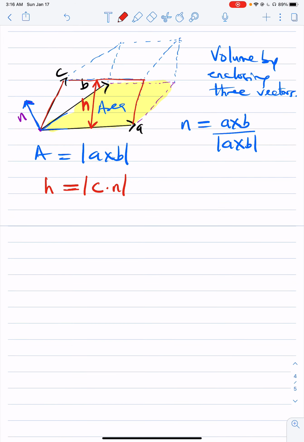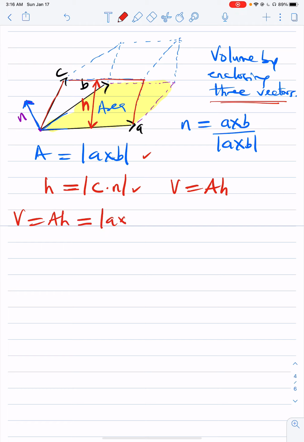The volume enclosed by these three vectors now should be V equals A times h. So we have an expression for A already, then it's h, right? So V equals A h is equal to the area, the magnitude of A cross B, times C dot the outward normal, which is already A cross B all over the magnitude of A cross B, right?